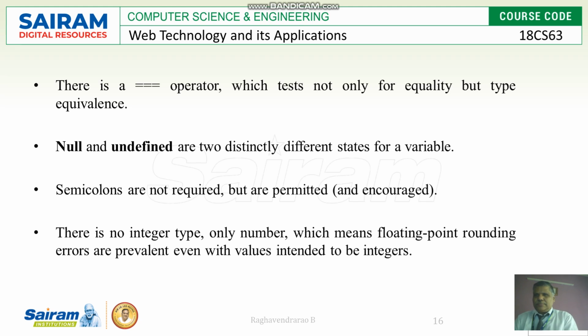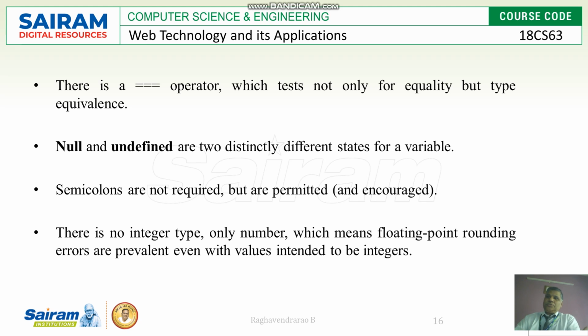Here is one operator, the triple equals operator. You can see there is a triple equals operator, which not only tests the equality, but the type must also be correct. It means that if i === 10 is written, it checks on both sides whether 10 is an integer number and i is also an integer number.